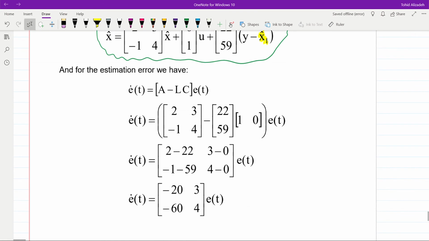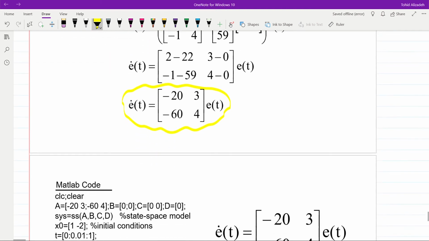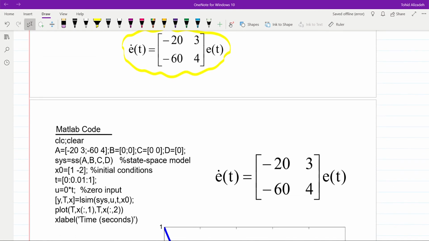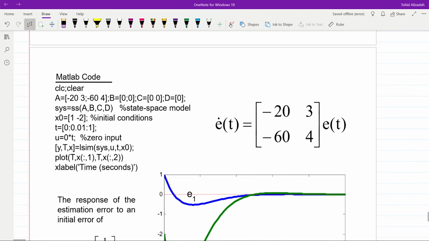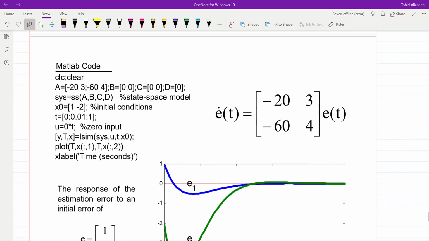For the estimation error now, we have E dot equal to A minus LC times E, and therefore E dot will be obtained as the equation here. So minus 23, minus 64 times E of t. And then we can now depict the behavior of the error signals.